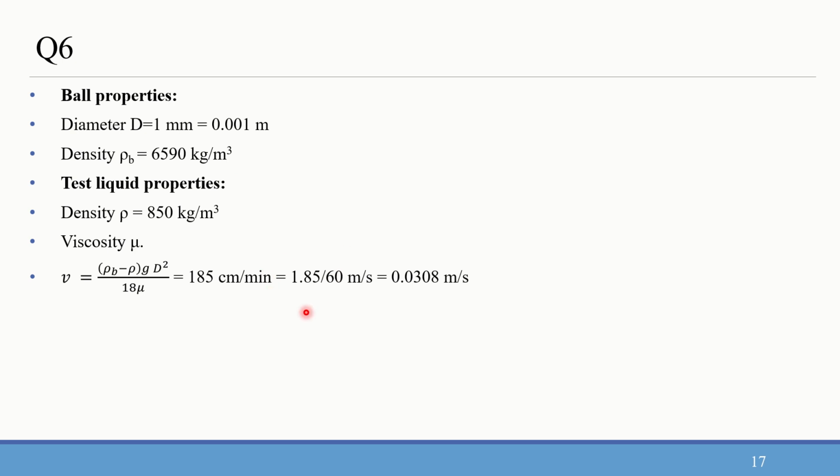So it is 1.85 divided by 60, which will give us 0.0308 meter per second. And Reynolds number is rho v d by mu, that should be less than 1. That is the condition given in the question. So first let us calculate viscosity mu.